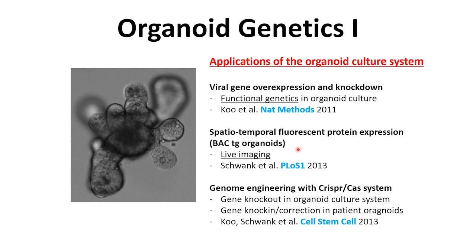Later, when we got to know CRISPR-Cas technology, we were able to apply it immediately to the organoid system because we knew how to do organoid transfection. This work led us to do gene correction in patient organoids for the first time, and there was a Cell Stem Cell paper in 2013.